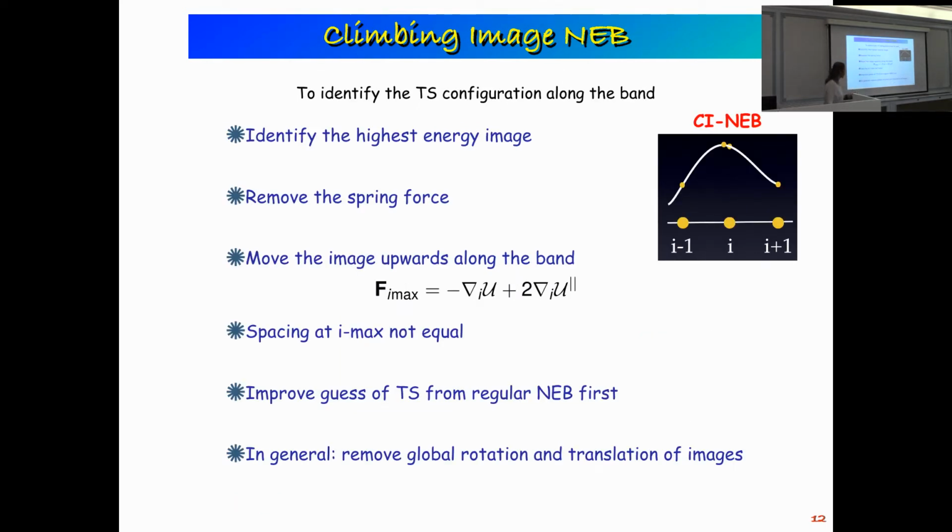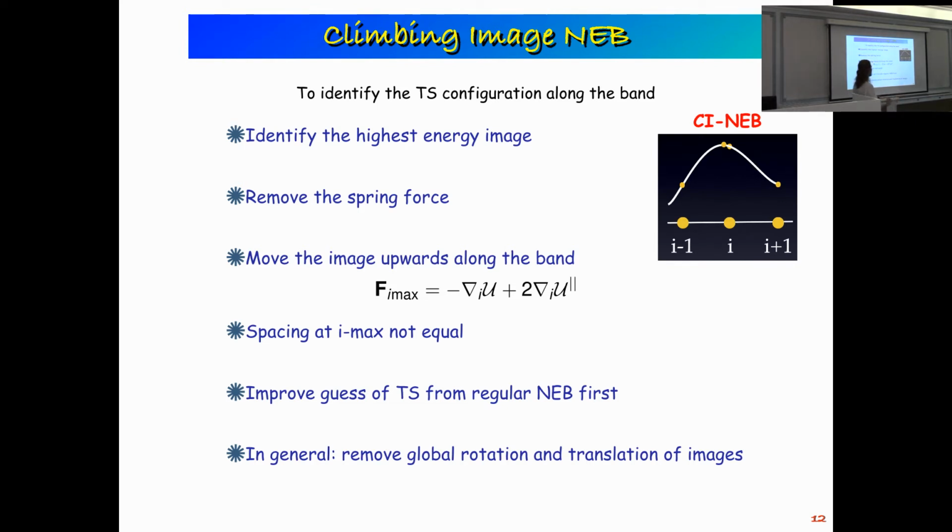Then the last evolution that I know of is the CI NEB, the climbing image NEB. Here the maximum along the pathway is identified, and for this maximum point one assumes that it has to get to the transition state. So instead of being minimized along the NEB, it is maximized.